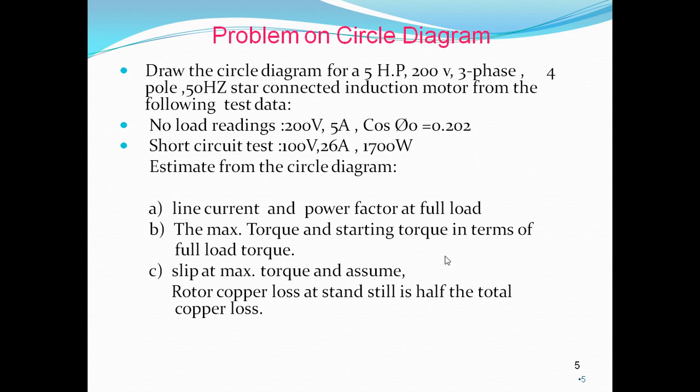Short circuit: ISC is equal to 26 amps, VSC is equal to 100 volts, and power is equal to 1700 watts. So these are the given data we have to write. Note down this problem.